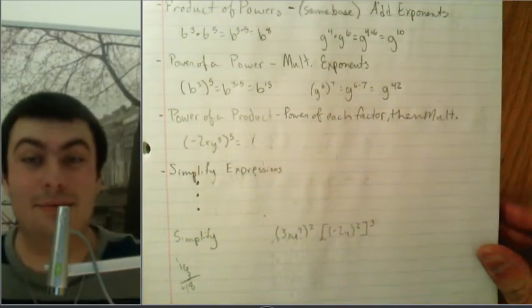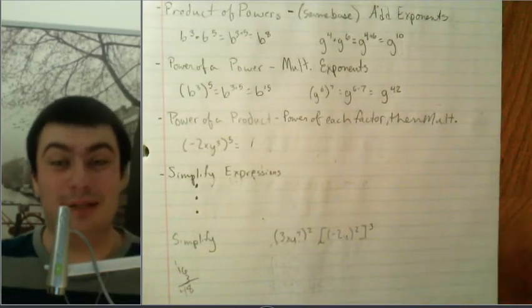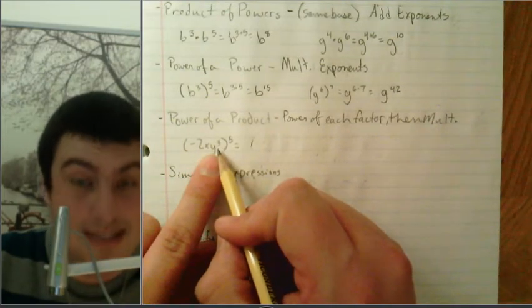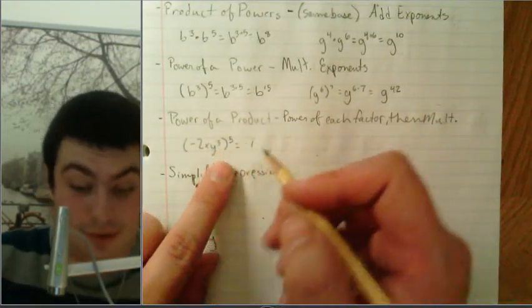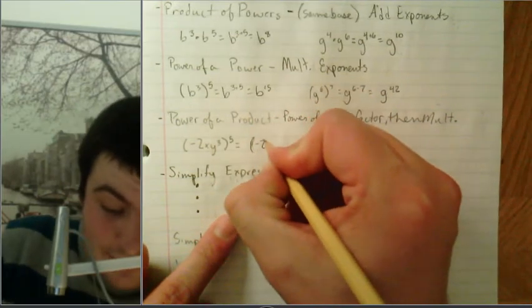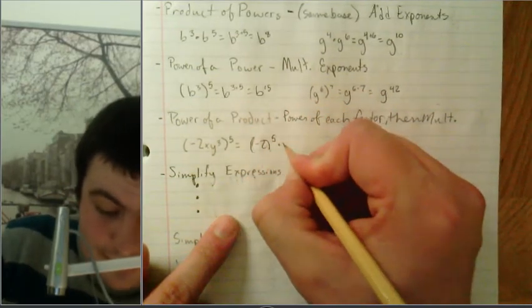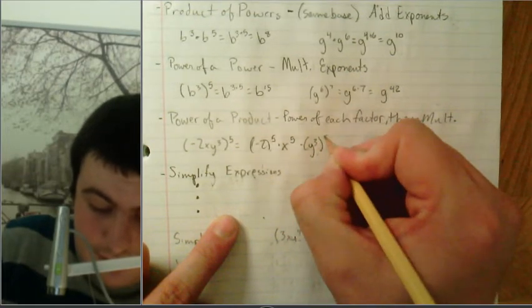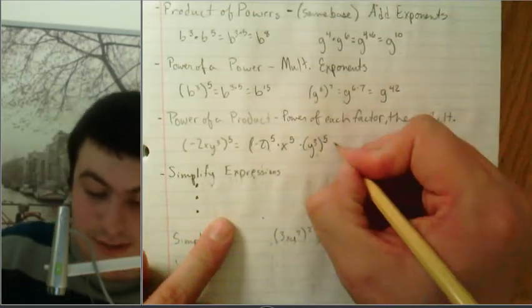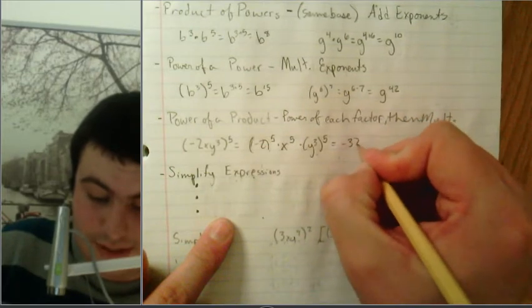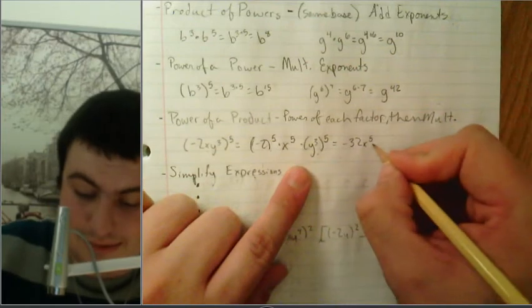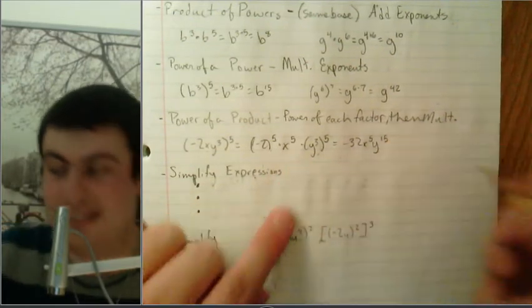So if we have negative 2xy cubed to the 5th power, we're going to say that we have negative 2 to the 5th power times x to the 5th power times y cubed to the 5th power. So that's like saying that we have negative 32 x to the 5th, y to the 3 times 5, y to the 15th.